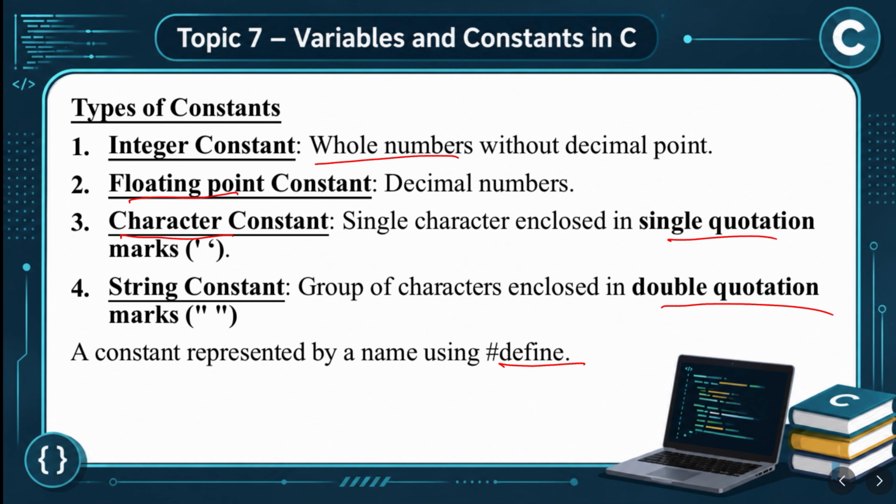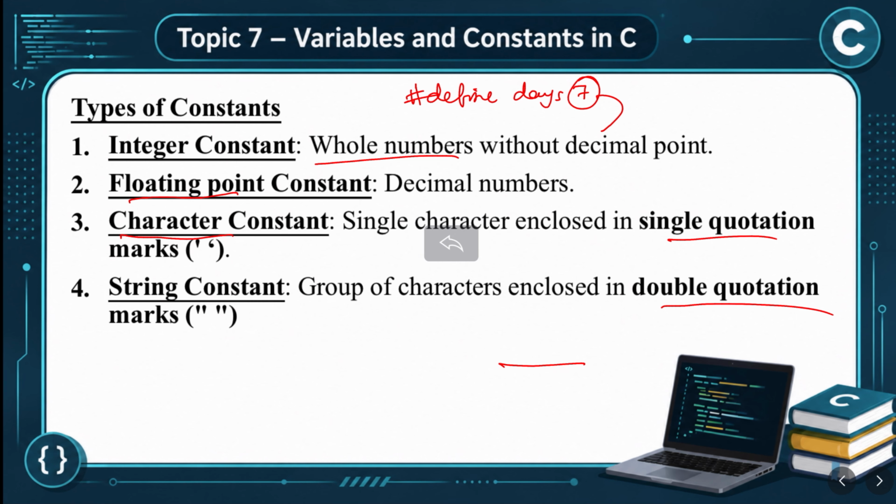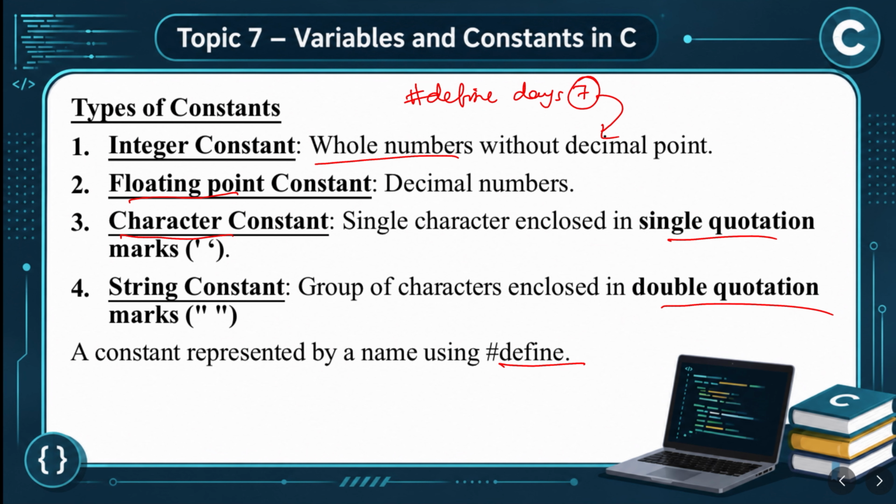So for example, hash define days 7. So here 7 is an integer constant. Similarly, for floating point, hashtag define percentage 85.5.